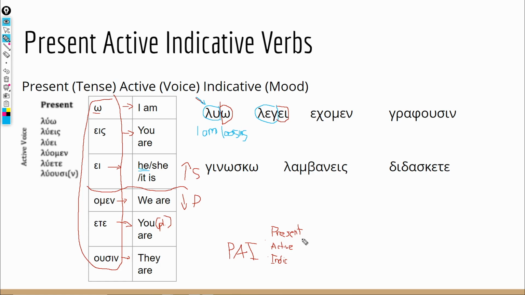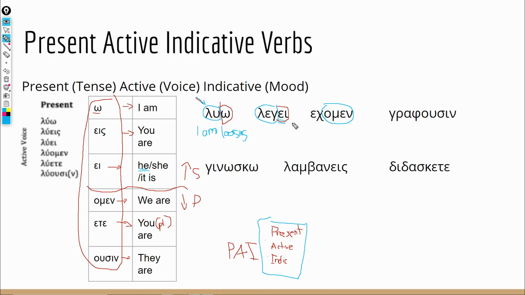Remember, answering these questions, present, it is currently unfolding. Active, the subject is doing the sentence, and it's saying something about reality. So if you know all of that and you see Jesus lege, Jesus, he is saying, you can safely translate that as such, like he is saying, because you can answer all of these things about the verb just based on this ending, right?